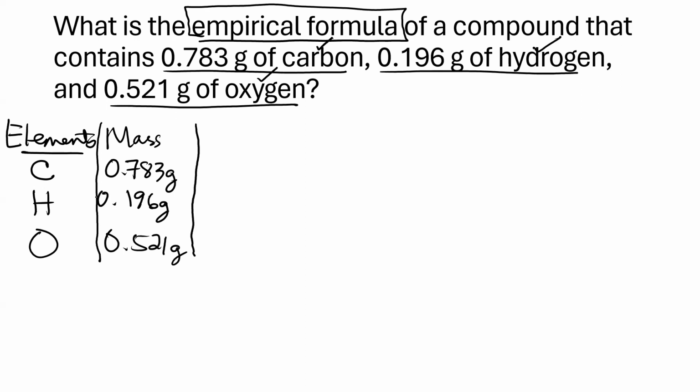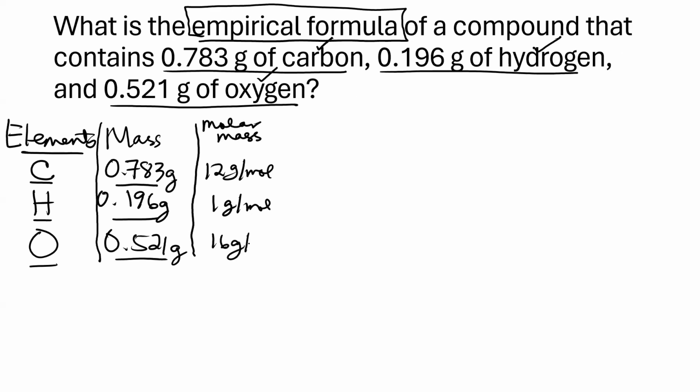But because the subscripts of the atoms within a compound are expressed as molar ratios of these elements in a compound, we need to convert the masses in grams into moles, right? So we write the molar masses of the elements. Approximately, the molar mass of carbon is 12 grams per mole, hydrogen 1 gram per mole, and oxygen is 16 grams per mole.